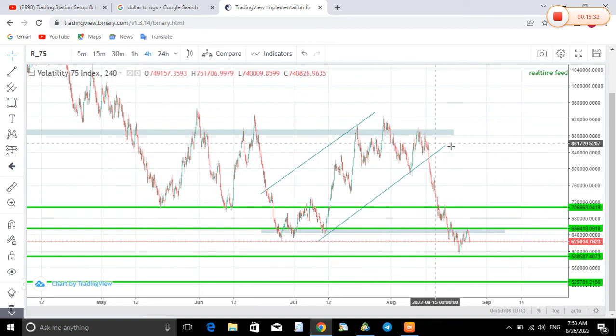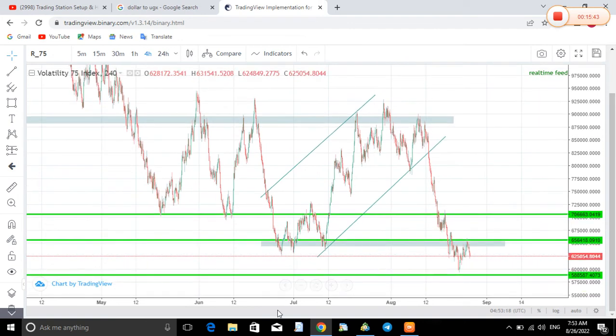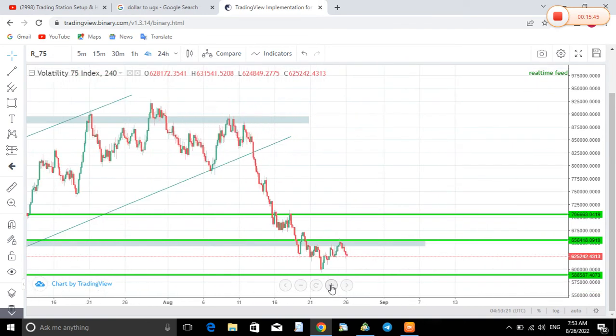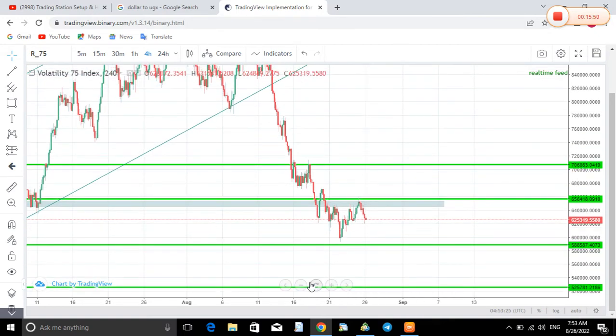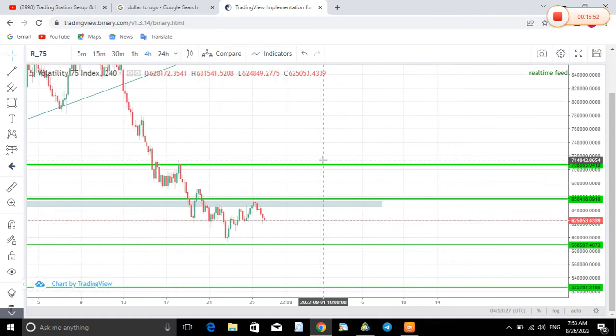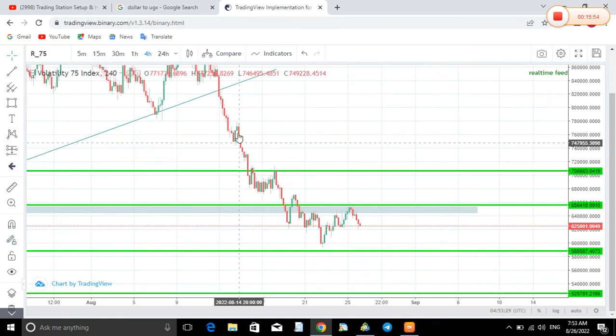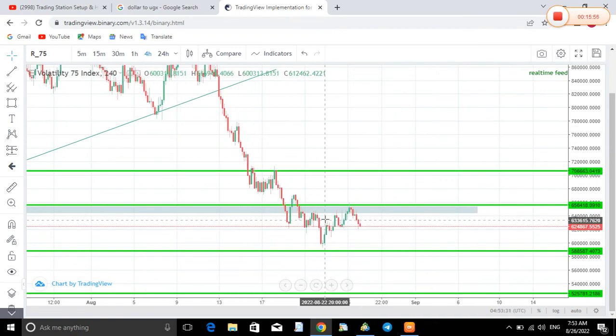So this wedge was broken and the price dropped all the way to the first TP of this wedge. Now I can see we had an impulse move on this pair, and we are also experiencing another correction.